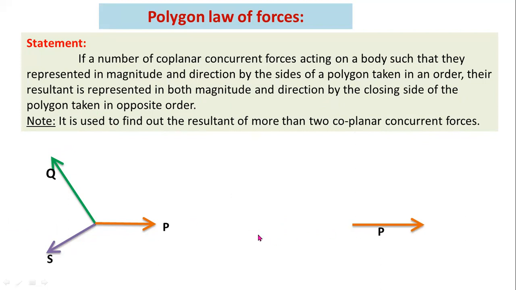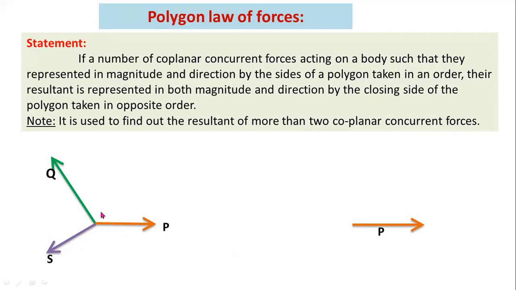By taking a suitable scale, you can determine the magnitude of the resultant. Here I am taking a suitable length for the force P. I am taking the direction as it is. Then after, you have to draw a second force. You can take any force.